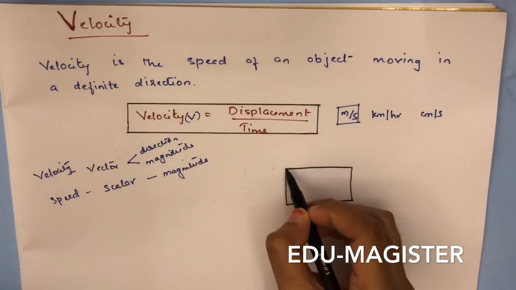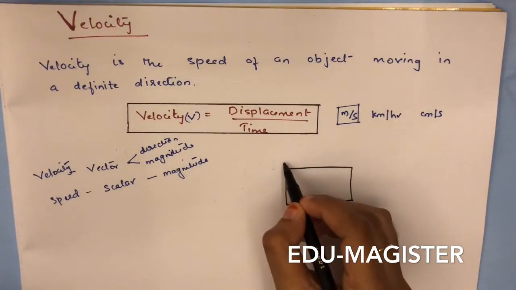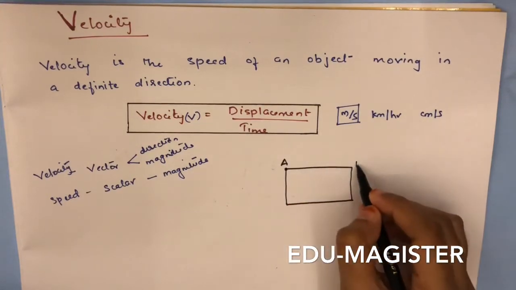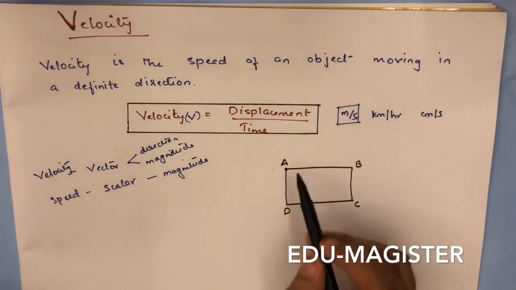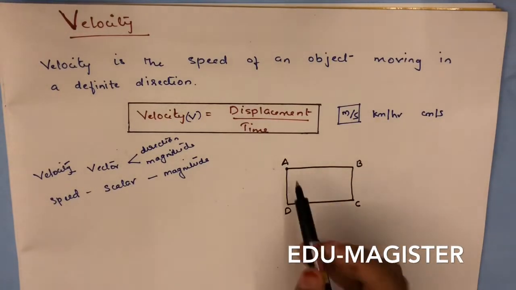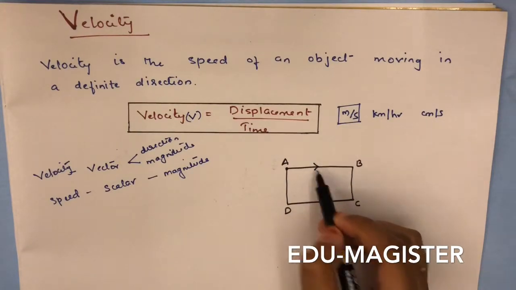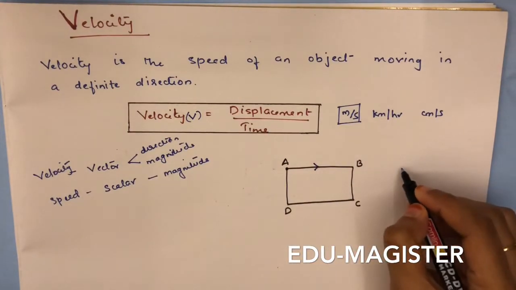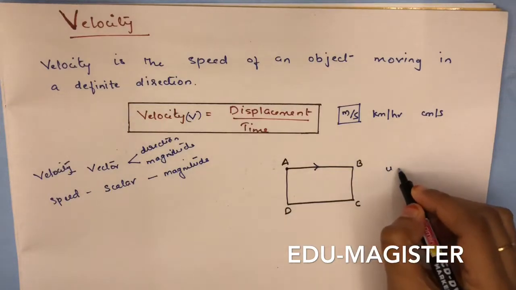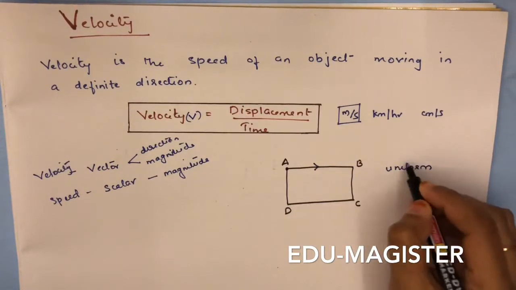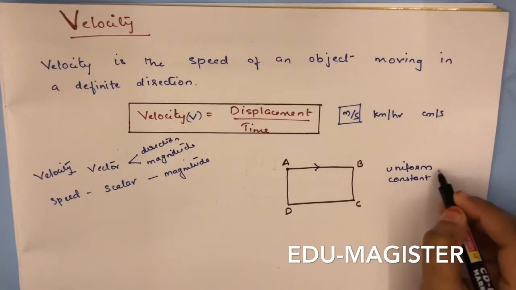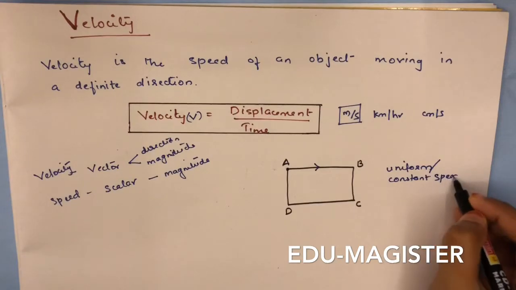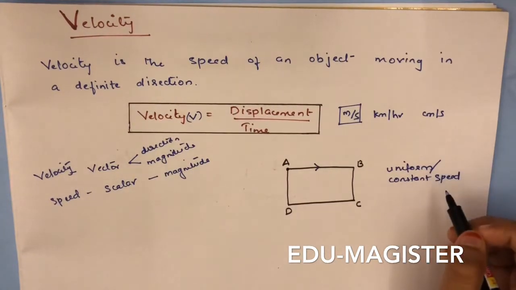That is, the object will start its journey from point A. Let me name the corners as A, B, C, D. The object starts from A and it is moving with uniform or constant speed. That is, the object is moving with constant speed.